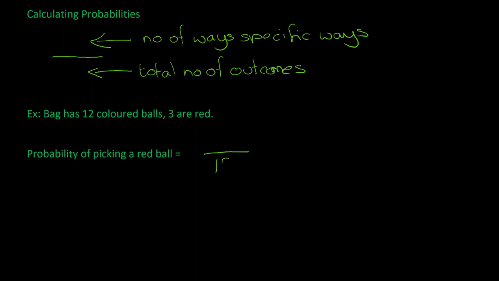So that goes on the bottom. And on the top, there are only 3 that actually are red, so there's only 3 ways that you can get a red ball. So our probability is 3/12. Of course, it's a fraction, so we should always simplify that. So that is actually a quarter as a probability.